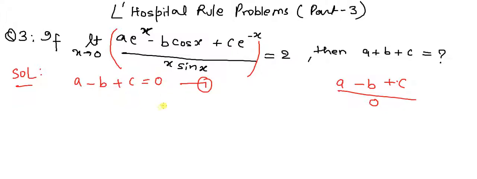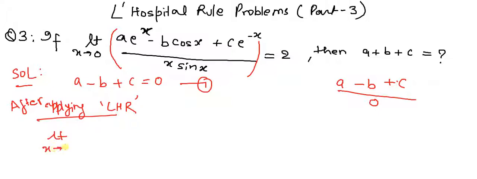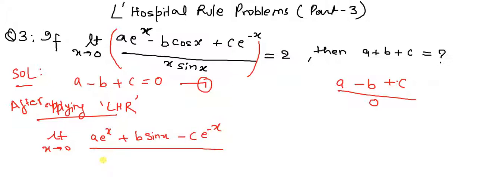Now we'll be applying L'Hospital's rule and differentiate the numerator and denominator both. So after applying L'Hospital's rule, LHR, if you apply it, you'll see what the differentiation will be. e to the power x will be e to the power x only, so a e to the power x plus b sin x minus c e to the power minus x, whole divided by cos x sin x.